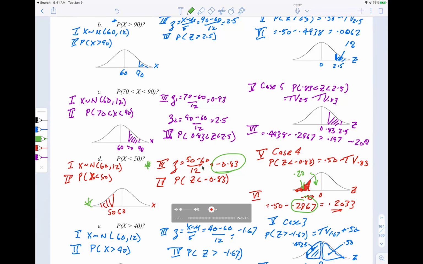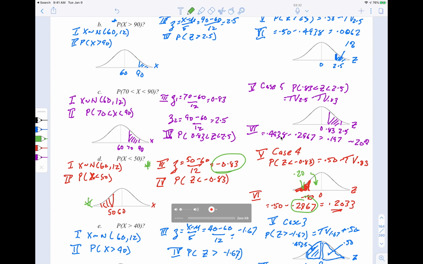Anyways, there's the answer that we get, which is 0.1961. When we did this up here, so this is the purple stuff, we calculated Z values for the 90 and the 70, so we converted them into 2.5 and 0.83. We looked them up on the table, and then we found the areas, and remember that gives you the area down to the middle, and the NORM.DIST function by itself would actually be 50% more of that, so it would be 0.9938.